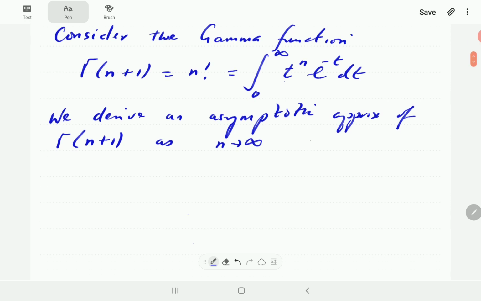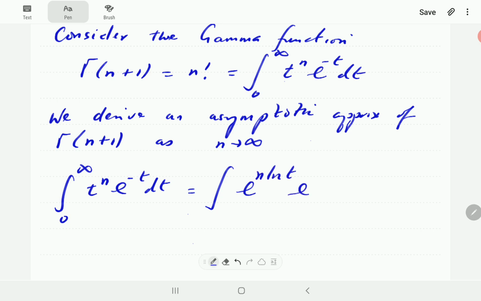So what we are going to do first is rewrite this so that it fits the functional format of what we derived in the Laplace's method.